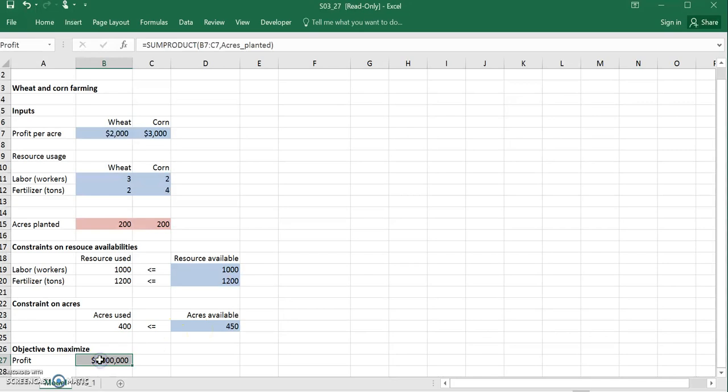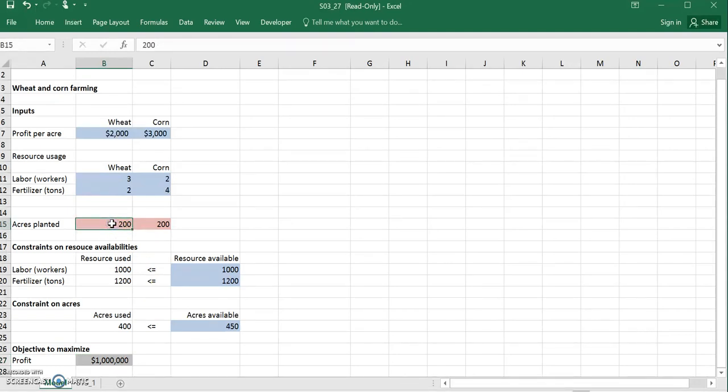The profit is also a really important cell. This is considered the objective cell, maximizing the profit, and this profit is maxed out at $1 million. So when you plant 200 acres of wheat and 200 acres of corn, the farmer would make $1 million in profit.